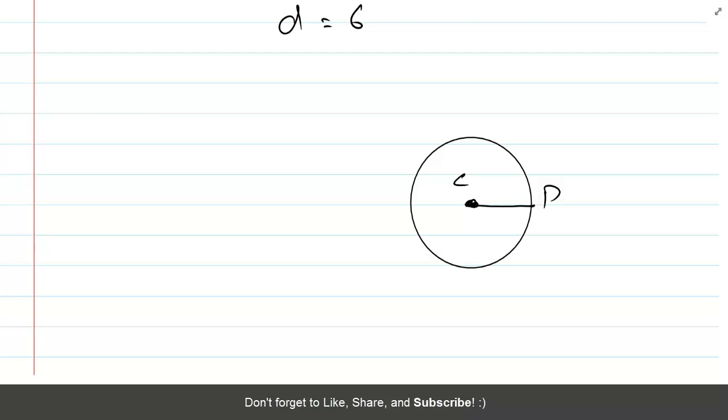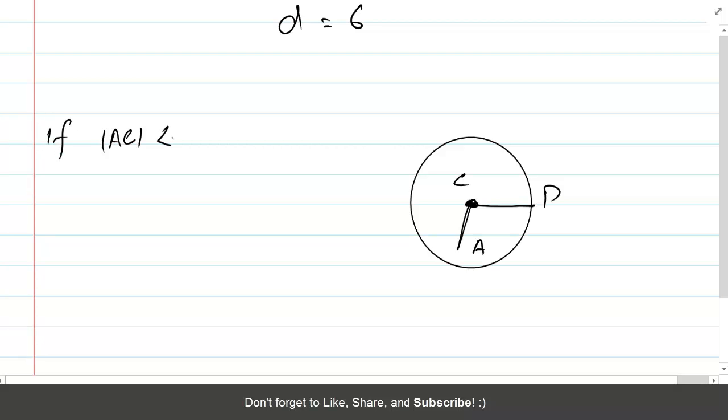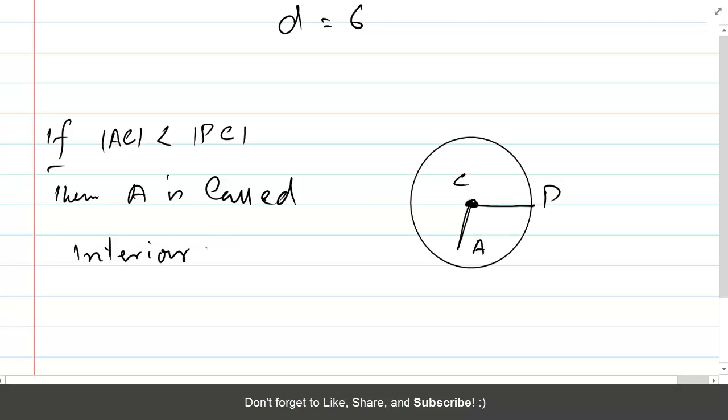If we have another point, T or A or B, whatever, let's say this is a point A. If the distance AC is less than the distance PC, remember that PC is equal to the radius, so the distance of A from C is less than the radius, then A is called an interior point of the circle.